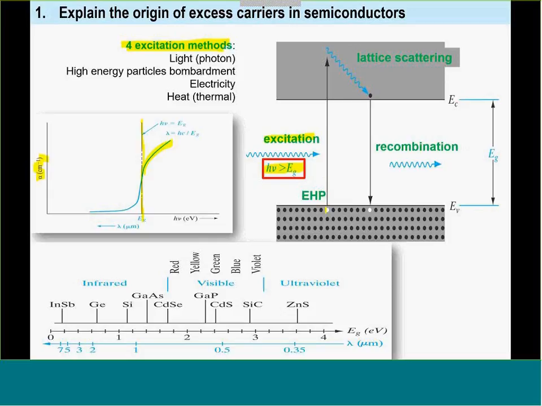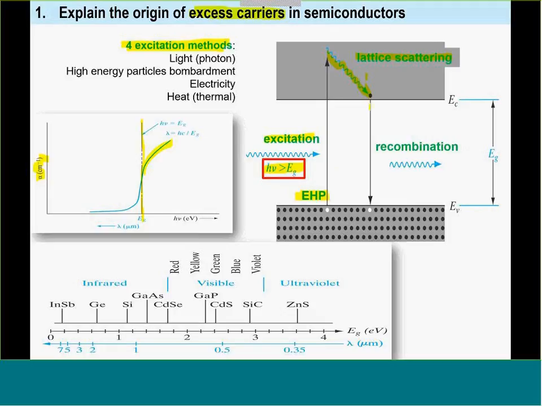Then comes the formation of electron hole pairs, the excess carriers, where the electrons undergo lattice scattering, giving out heat to the material.